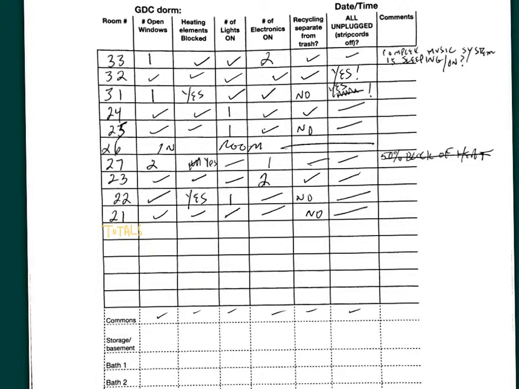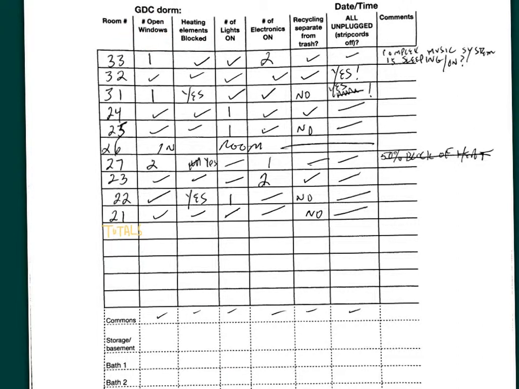With windows, the scoring has been recently altered. It is worth 5 points, but it's not by number of windows. It's a one-time deal because there are some dorms that have more windows than others. And for a lot of these other categories, I'm giving them a one-time score, especially if they're affecting the whole system of the dormitory.